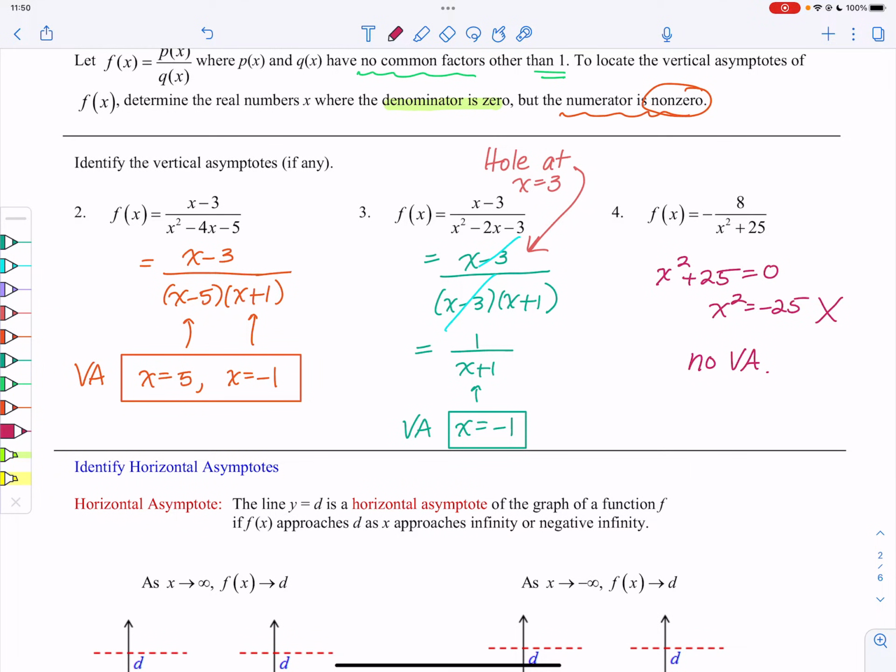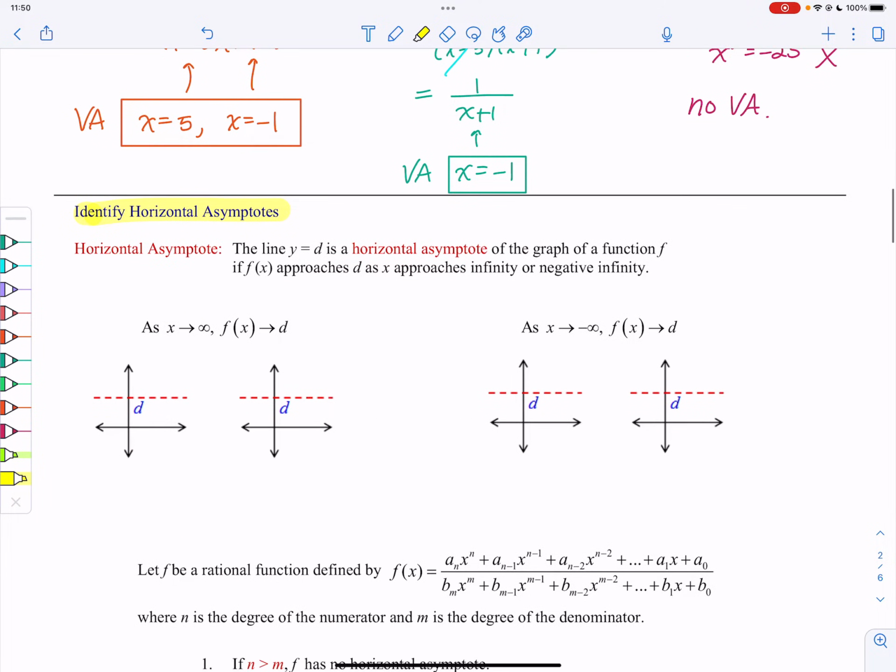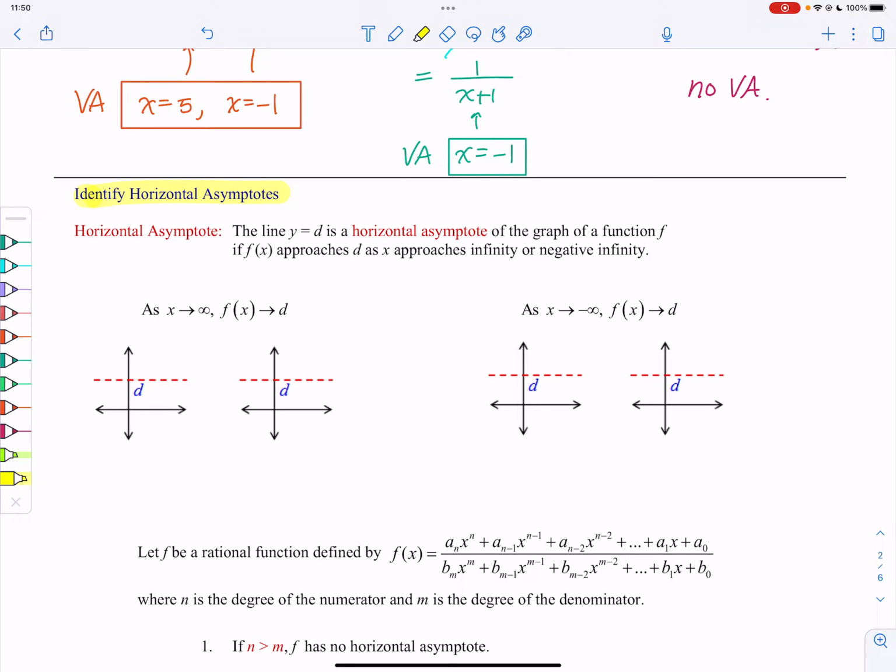Now let's talk about horizontal asymptotes. The definition of a horizontal asymptote, y equal to d, of the graph of a function f, is that f of x approaches d as x approaches infinity or negative infinity. So if f of x approaches some number d, we have y equal to d as a horizontal asymptote.